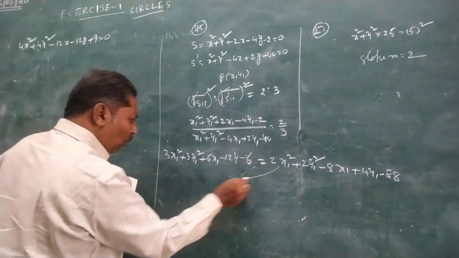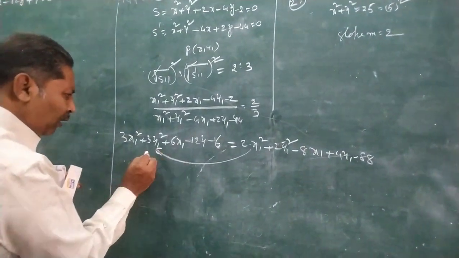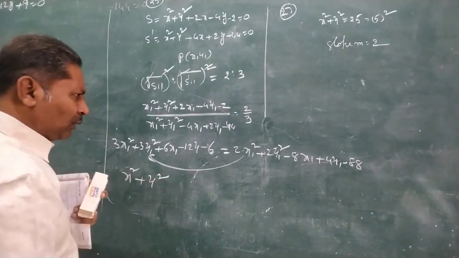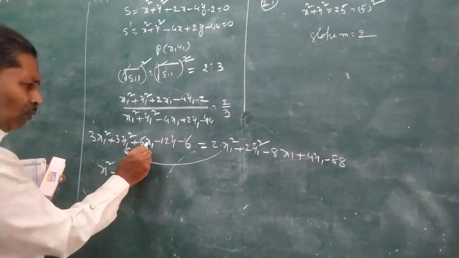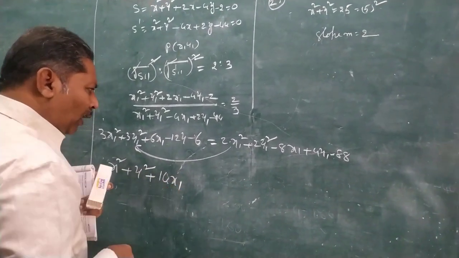So 3x square minus 2x square equals x square, 3y square minus 2y square equals y square. 6x1 plus 8x1 total 14x1.